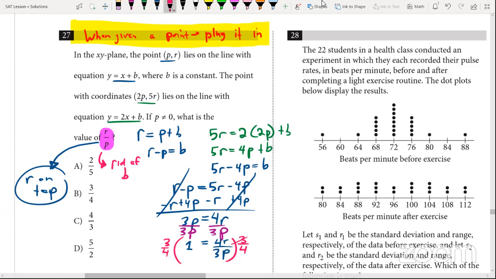So now the 3 cancels with the 3, the 4 cancels with the 4, and we have R over P equals, on the left-hand side, 1 times 3/4. And we're done with number 27. The answer to 27 is B.